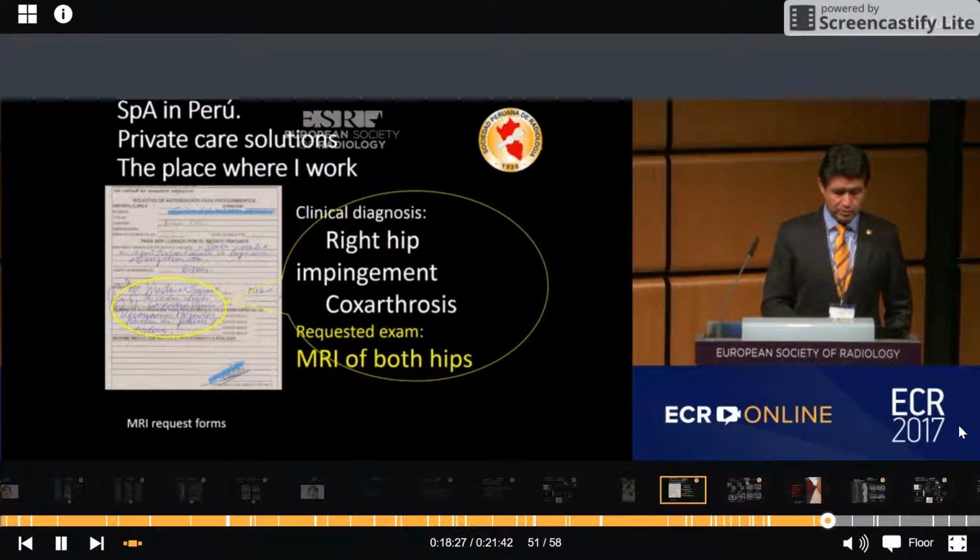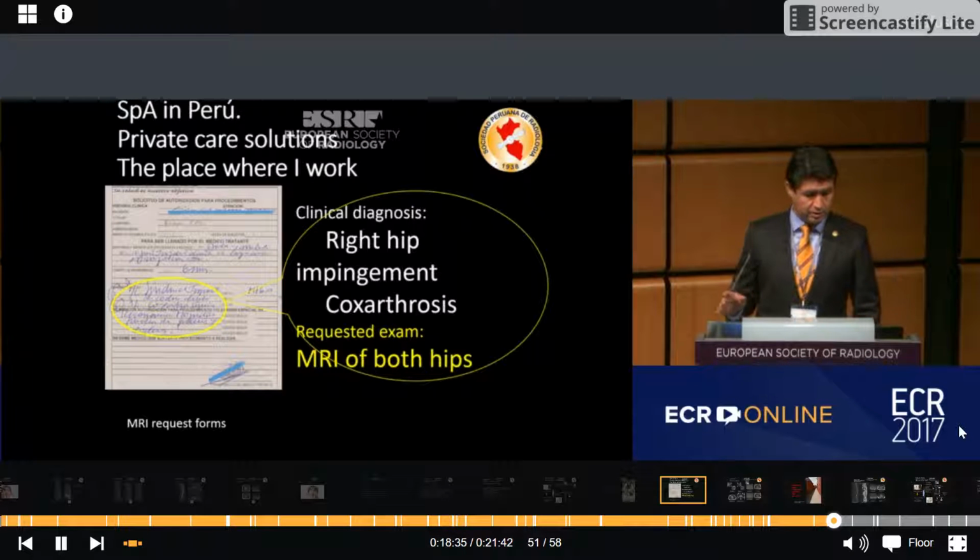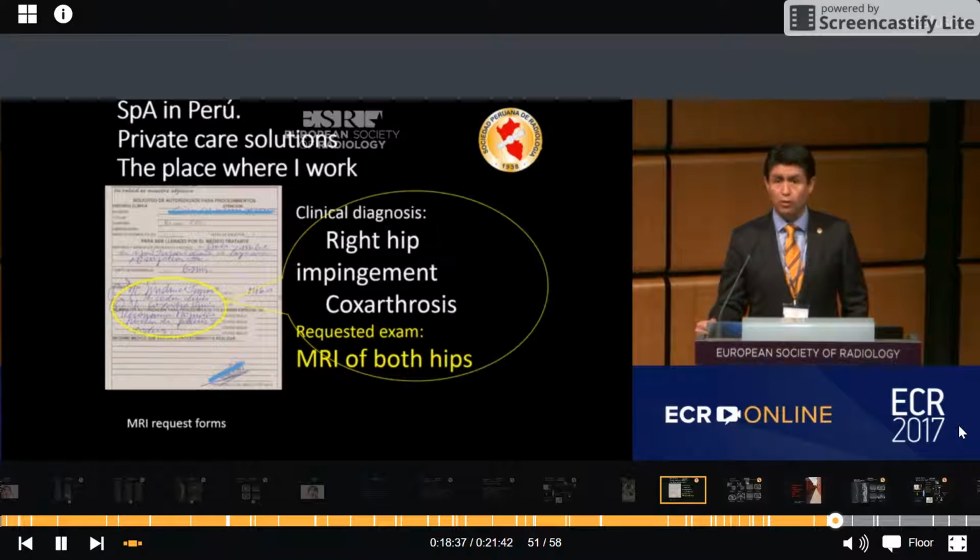There is another example. This is a patient 32 years old with chronic low back pain. And the physician, the non-rheumatologist, thought about a problem in the hips. The clinical diagnosis was right hip impingement or coxarthrosis.